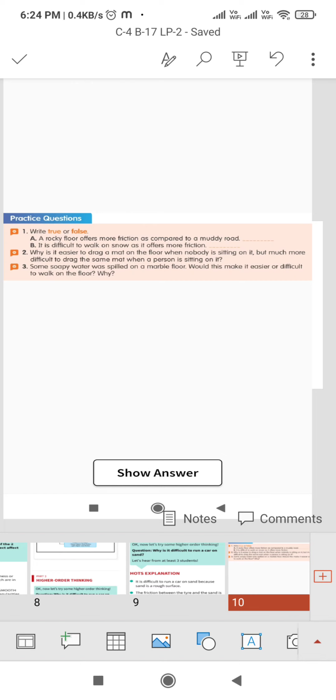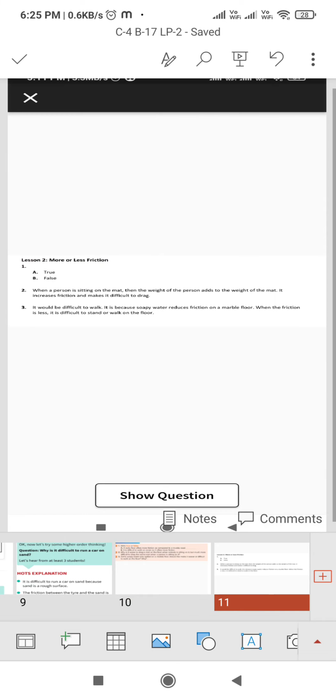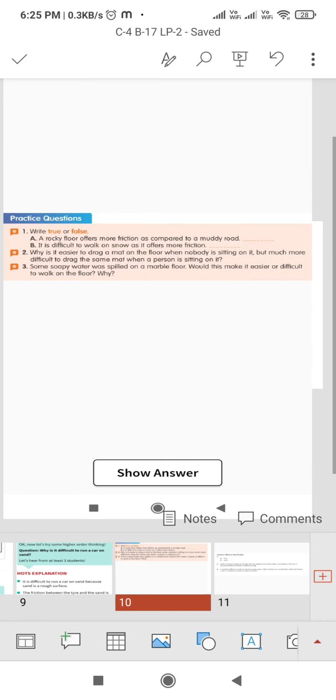Now we will discuss the practice questions. First is, write true or false. A rocky floor offers more friction as compared to a muddy road. Guess the answer. The answer is true. On a rocky floor there is more friction as compared to a muddy road.